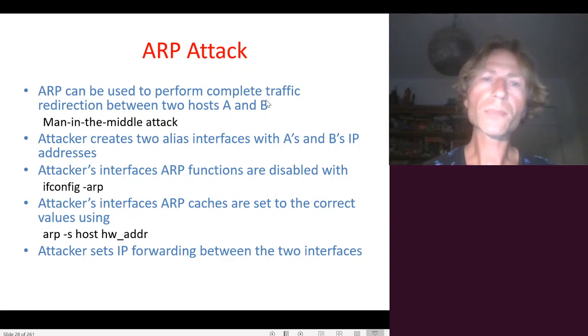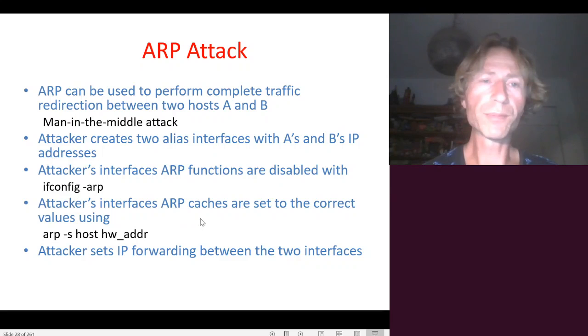So we're going to have two interfaces. One of them receives the traffic from A, and the other one the traffic from B. And meanwhile, we disable the ARP functions on our own machine with an ifconfig -arp.